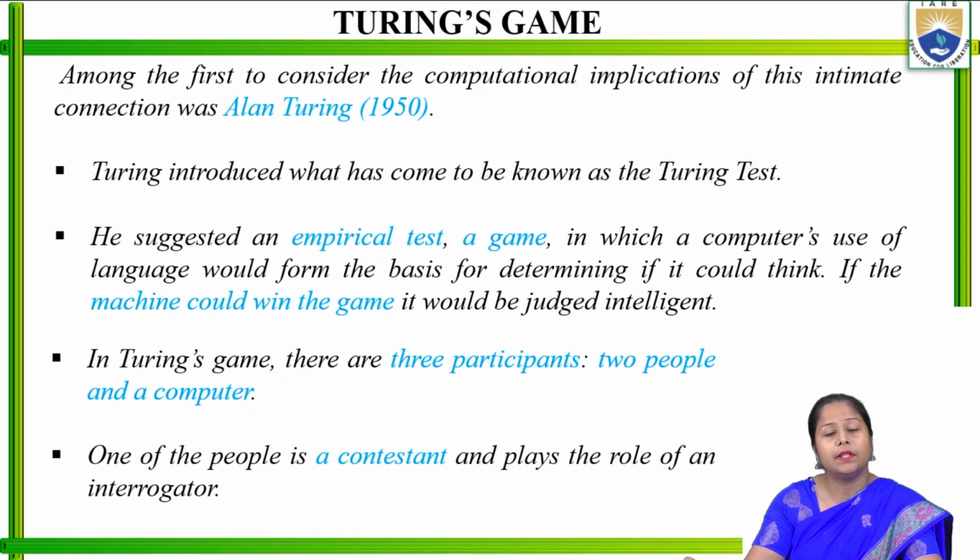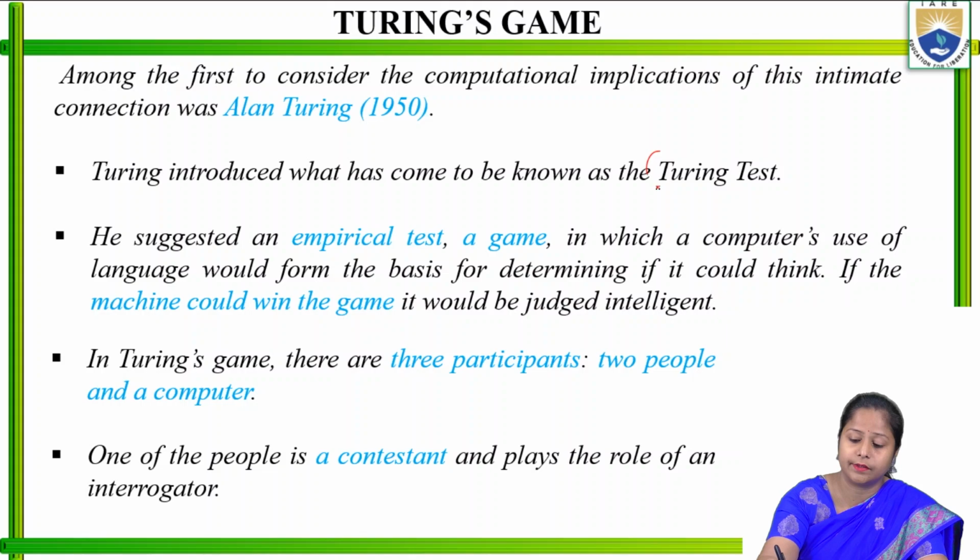Turing's game. It evolved from when it started with the Turing machine. Among the first to consider the computational implications of this intimate connection was Alan Turing, a scientist who introduced it in the 1950s. Turing introduced what has come to be known as the Turing test.